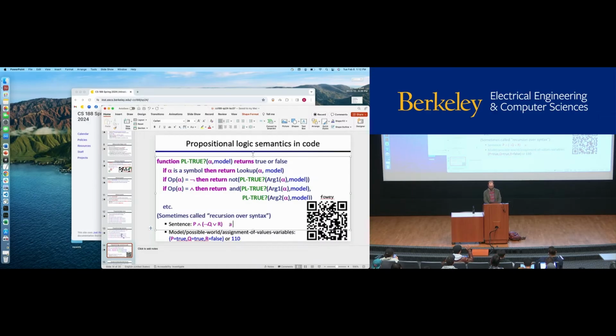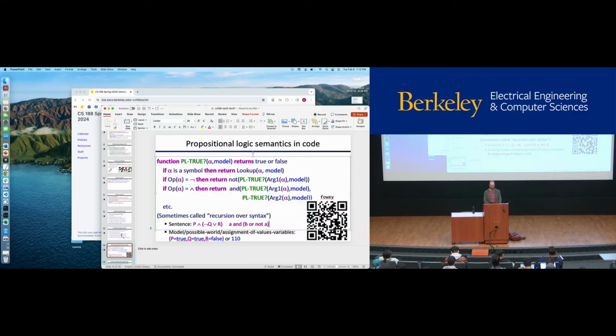We have A and A implies B. There's our sentence. If we replace A implies B with B or not A, well, it's not going to be not A because A is required.